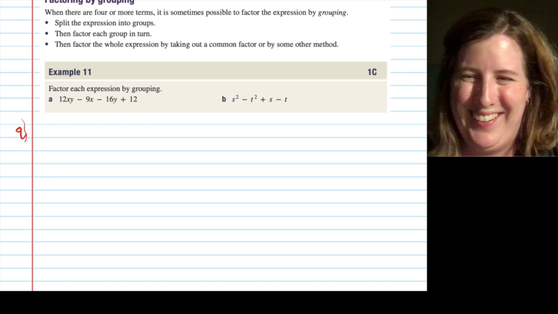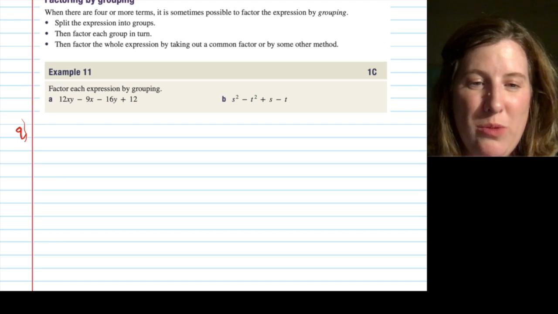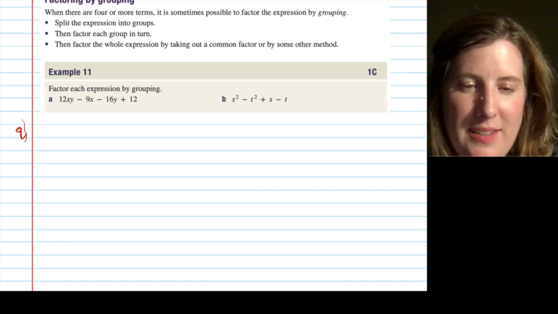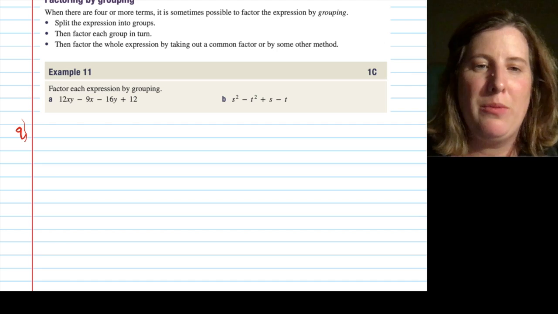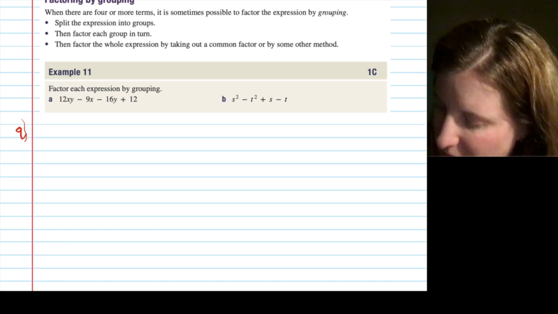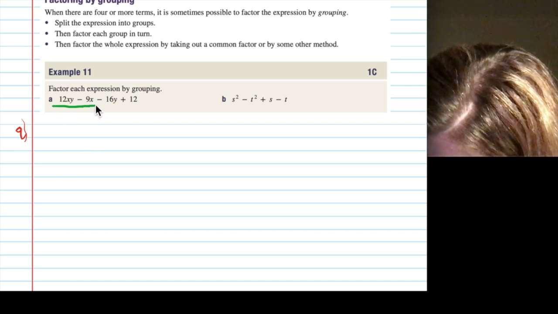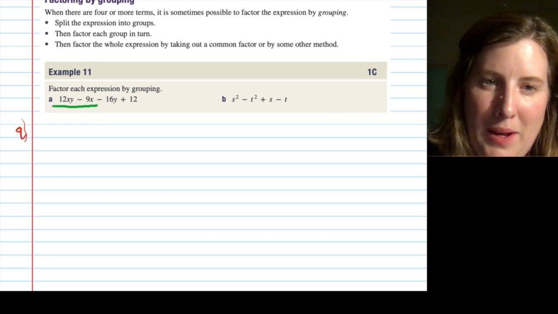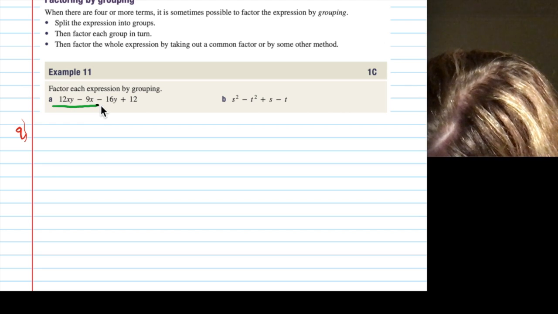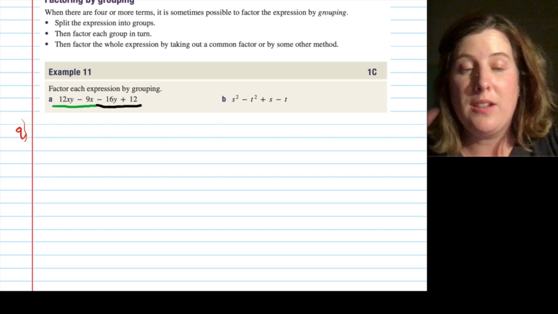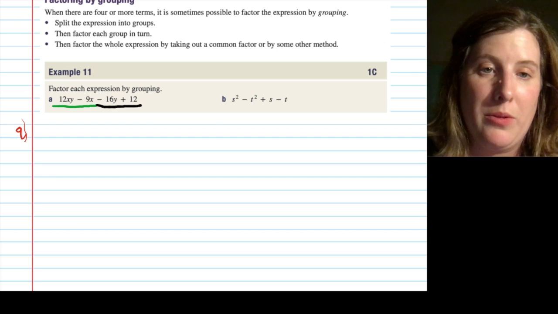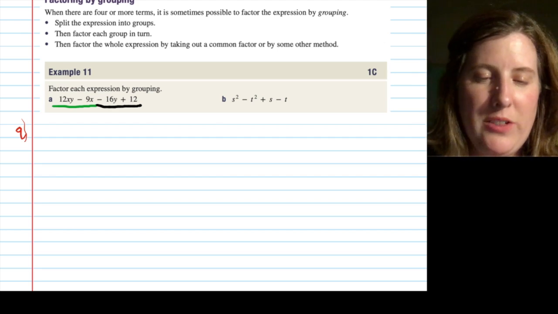Okay, 11a. We've got 12xy, take 9x, take 16y plus 12. I'm going to be really lazy, and I'm just going to factorise it into that group, and my next one is going to be that group. If this doesn't work, I'm going to go back and try and change up the groups. 12xy, take 9x.